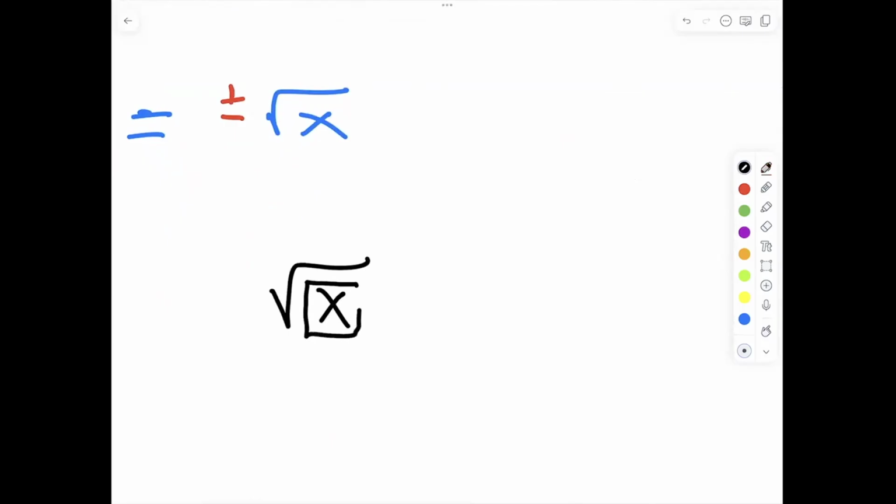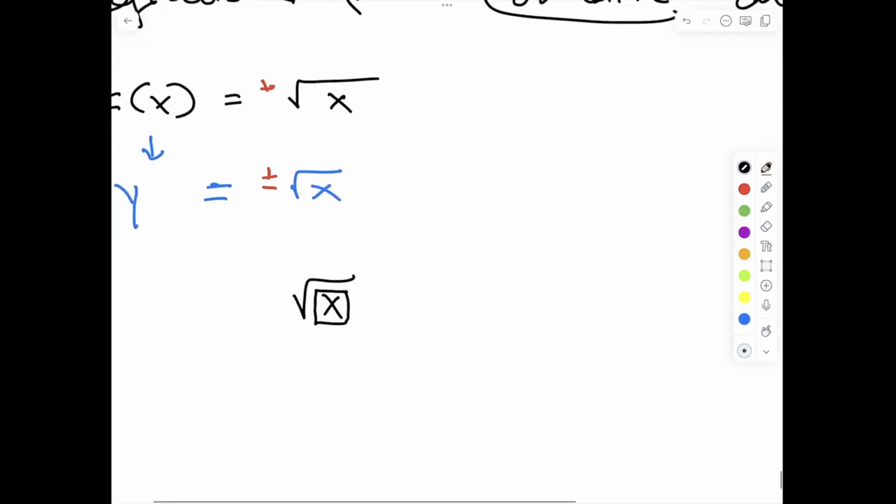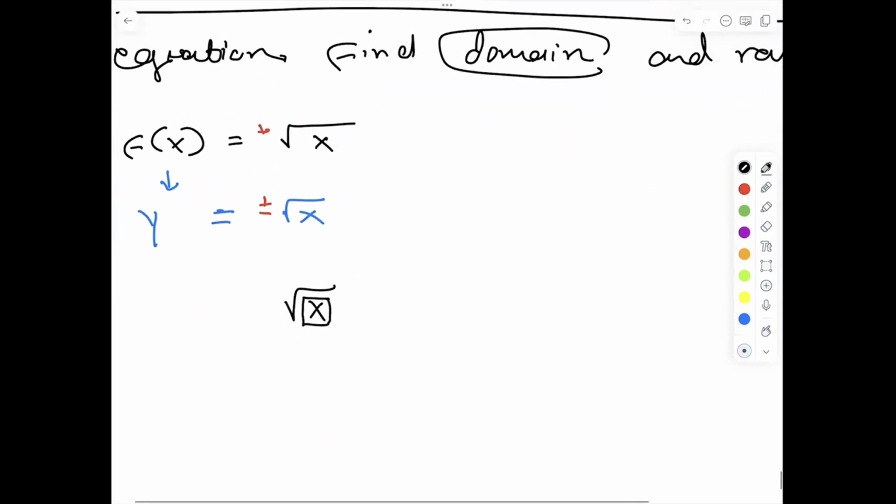X. Yep. So we want to make y equal to 0. So we're going to make this equal to 0. But we have the problem that this has a radical sign. So in order for us to get rid of the radical sign, what do you think we got to do? Take the square root. Not the square root. Take the square of it.